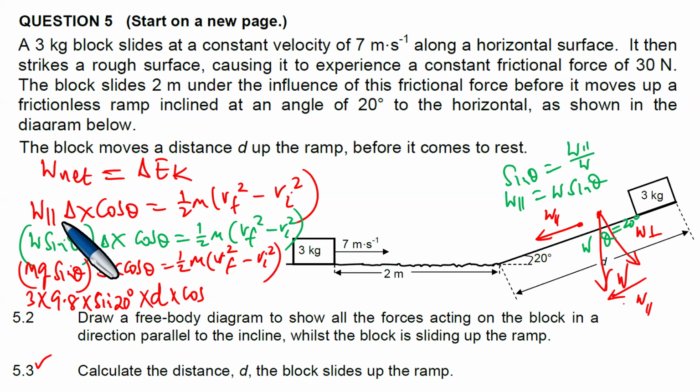So W parallel is downslope and delta x is upslope. And we can see therefore that the angle between them is actually 180 degrees, like this, okay? And this is half. The mass is 3, and then you have the final velocity. Before it comes to rest, so the final velocity is 0 squared, but at the bottom of the ramp, it is 3 squared. We have the velocity of 3 squared.